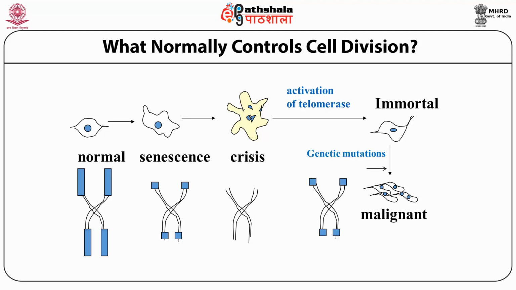However, at crisis, a few cells activate the telomerase, thereby maintaining the telomere length. And these are the cells which then become immortal. And in the later steps, these immortal cells will have more genetic or genomic instabilities, thereby converting them into a malignant cell. Let us now understand how genetic instabilities arise.